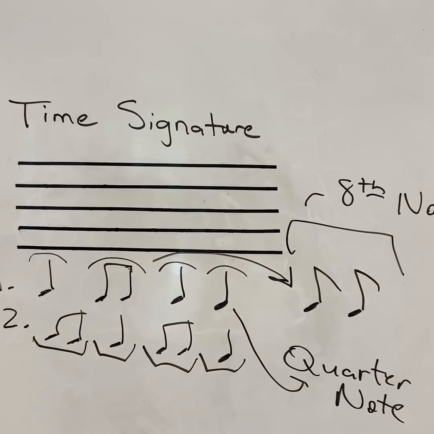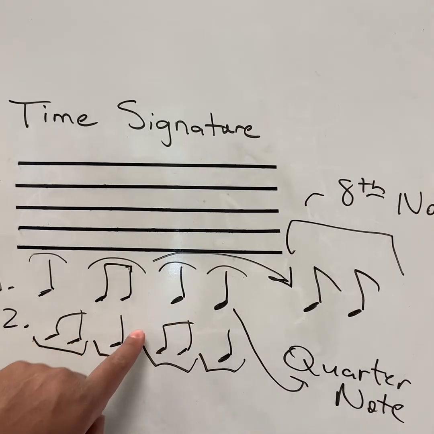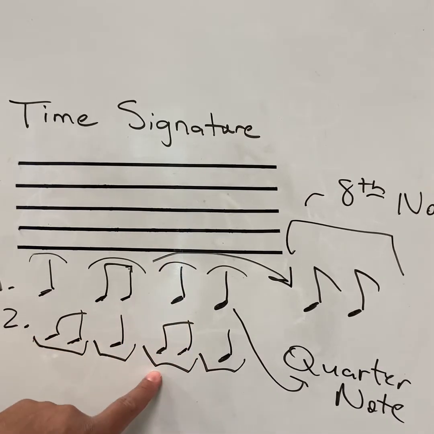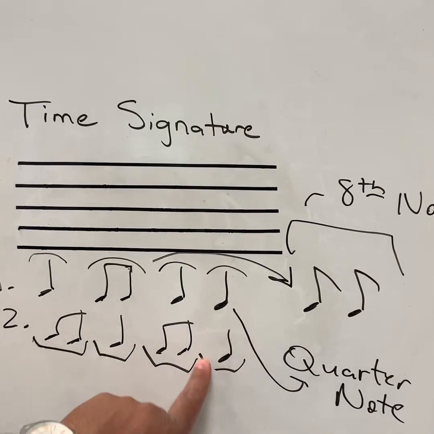Okay? So in this example, I see two eighth notes here. Together, they make a beat. So that's one. I see a quarter note by itself here. That's another beat. Two. I see another pair of eighth notes here. That's another beat. Three. I see one quarter note here. That's another beat. Four.